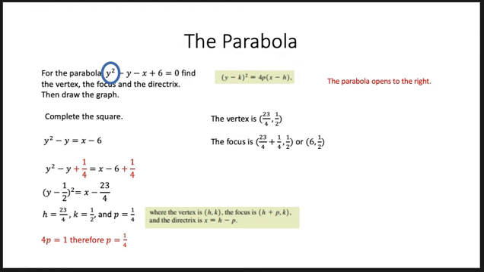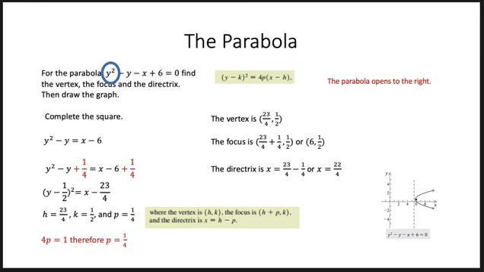So the focus is at 6, 1/2. The directrix is x is equal to h minus p. Well, h is 23/4, and 23/4 minus 1/4 is 22/4. So x equals 22/4 is the value of the directrix. And here's your graph.